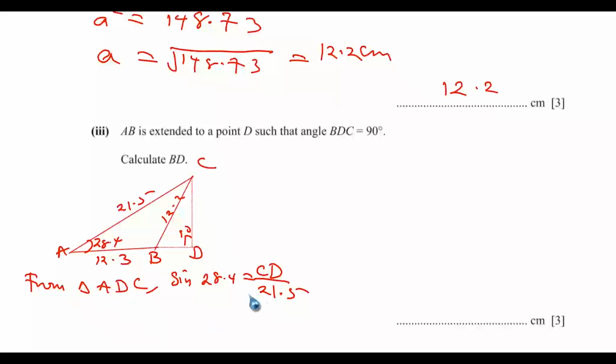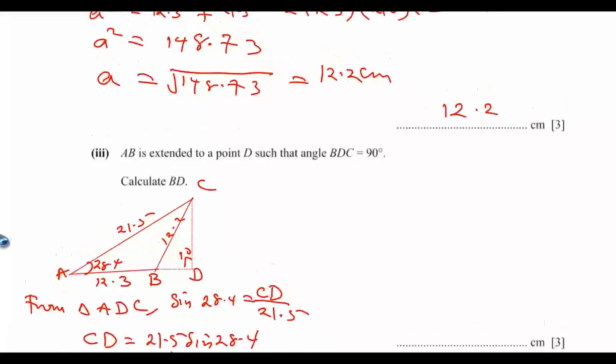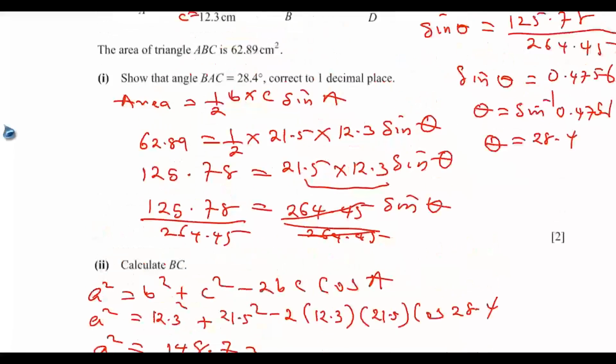So we can cross multiply to get the value of CD. So CD will be equal to 21.5 sine 28.4. If you put this into your calculator, CD should be 10.23 centimeters.